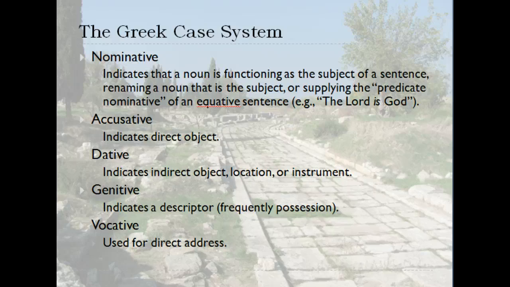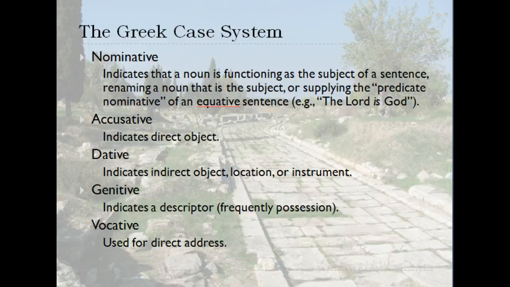The important thing to note here is that in Greek you will not find any preposition in front of the noun that is the indirect object, like you do in English. We signal this with to or for, but Greek does not. Or instrument, we signal this with by or with, but Greek generally does not.